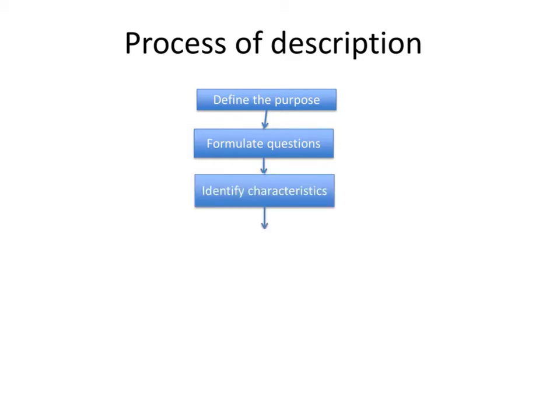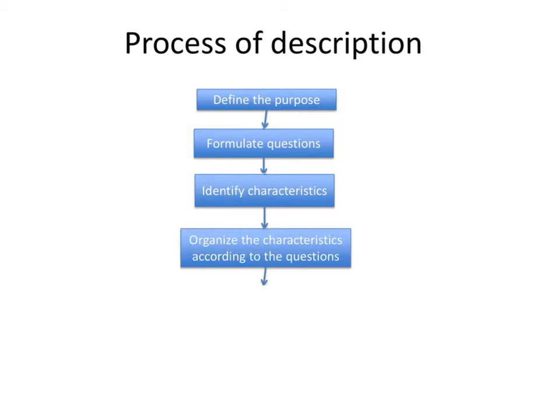Then you are going to identify characteristics, physical characteristics like colors, shapes, forms, or even some other kind of characteristics. If we're talking about a person, it could be the height, the weight, or the approximate weight, the color of the skin, the color of their eyes, the color of the hair, and many other things.